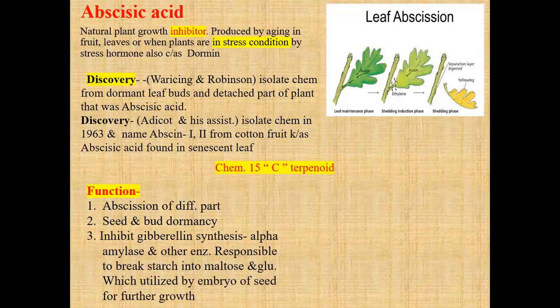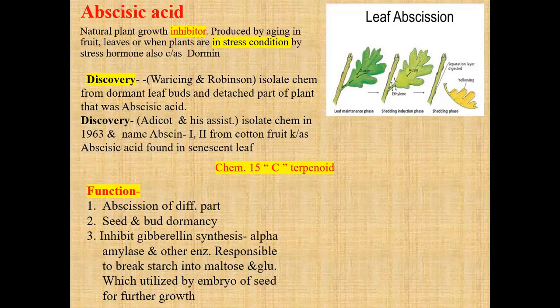Other hormones, as we saw initially, break dormancy, but abscisic acid initiates it. Gibberellin breaks dormancy and improves the rate of germination, but abscisic acid slows down the rate of germination because it inhibits gibberellin synthesis.